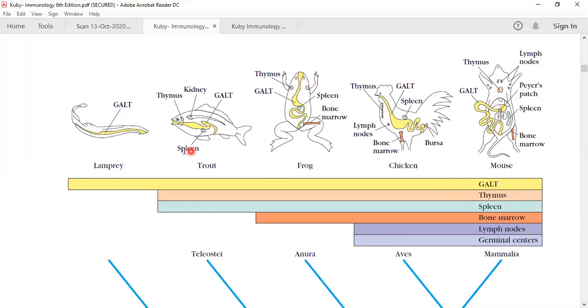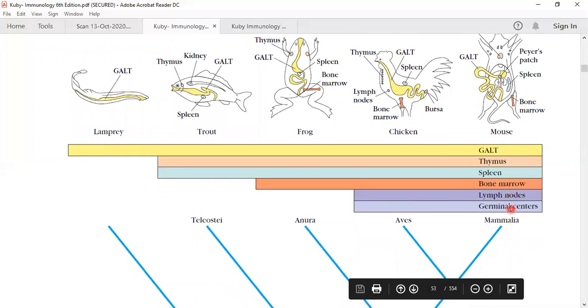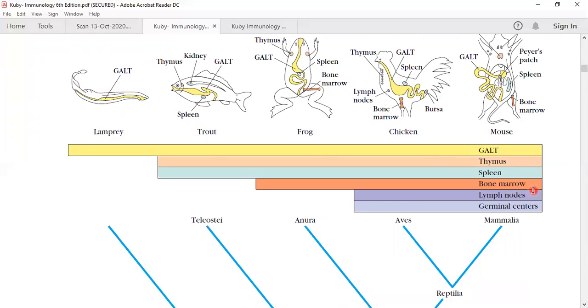Frogs do not have, fishes do not have, and lamprey do not have lymph nodes or germinal centers, right? These primary and secondary lymphoid follicles. Spleen is present in most of the animals, and the bone marrow is present in the frog, but it is not present in the fishes.